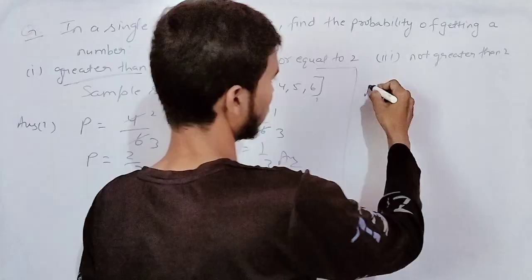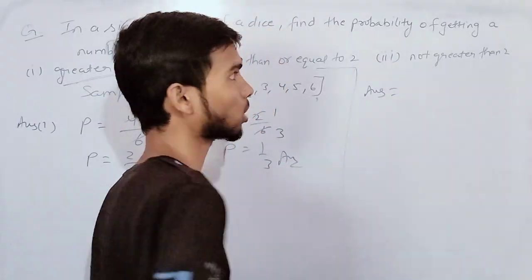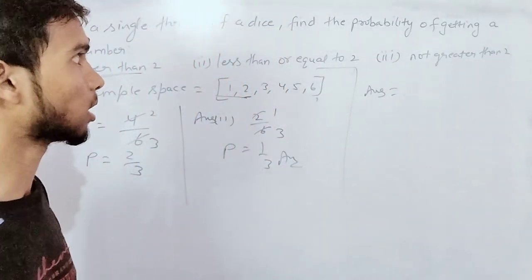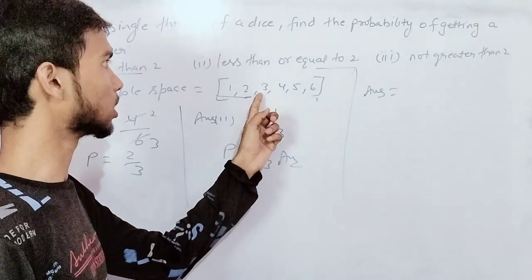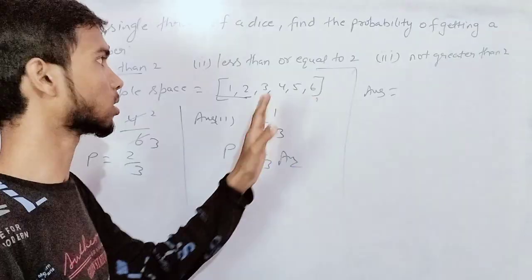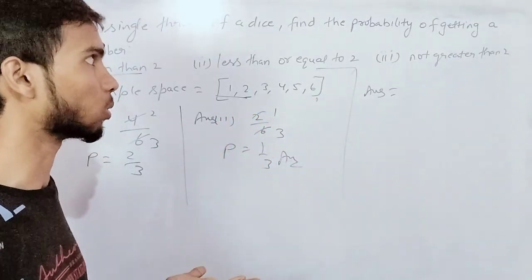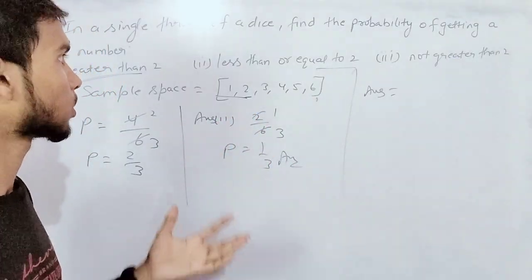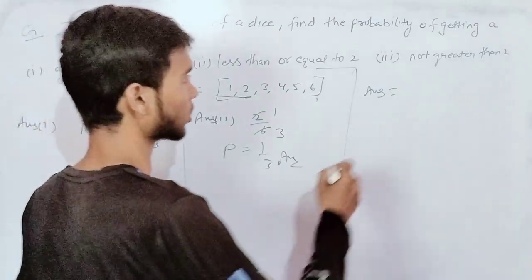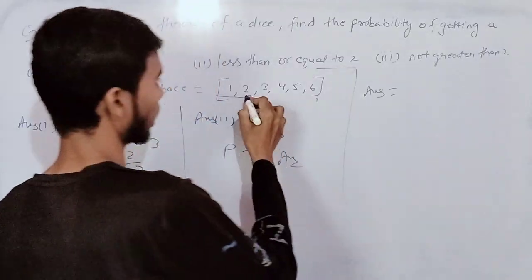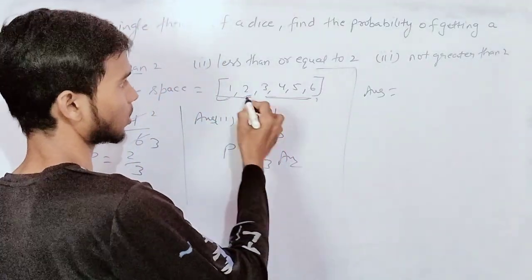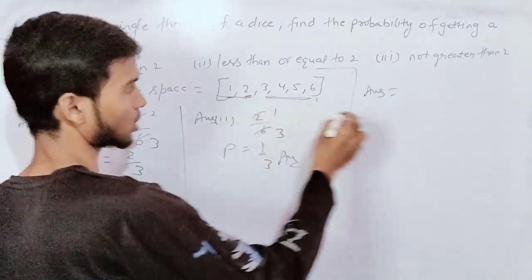Third: it is saying not greater than 2. So we will not take 3, 4, 5, 6. We don't want greater than 2. We want 2 and 1, not this, only 2 and this.